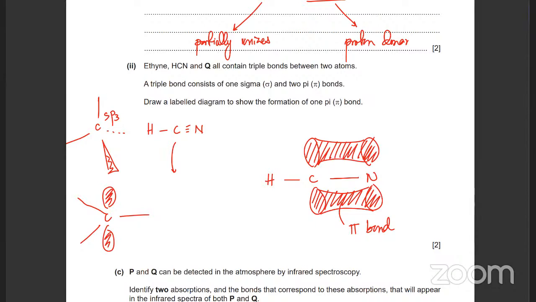And sp is when carbon is only bonded to 2 atoms, usually, like the 2 oxygen atoms in carbon dioxide. In that case, 2 of its electrons are now available for pi bonding, one on the y-axis and one on the z-axis.